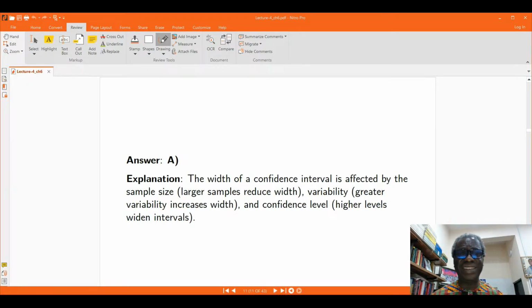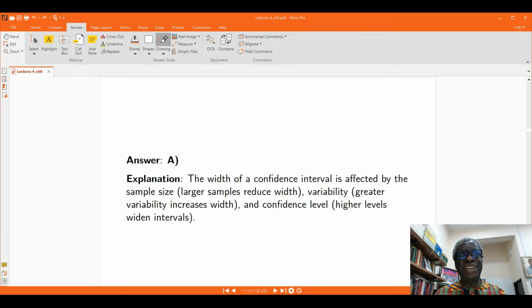So the width of a confidence interval is affected by three things. The sample size: if the sample size is large, it will shrink the width.